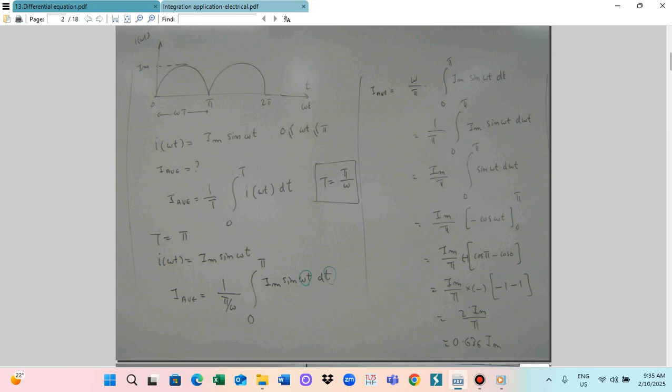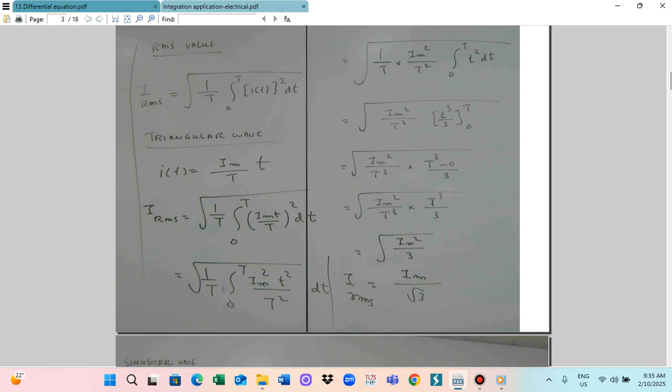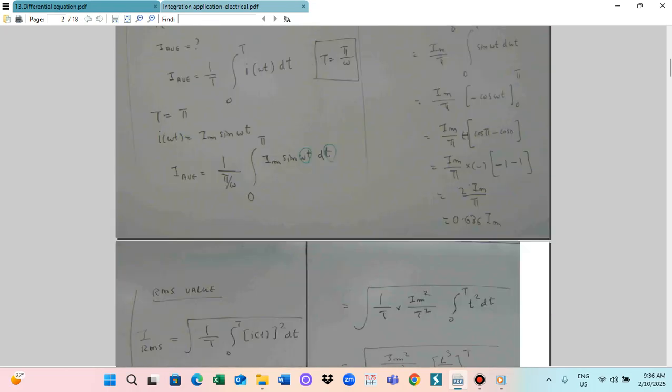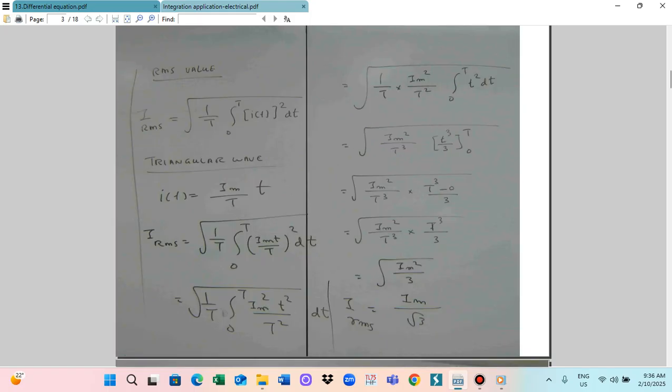That's for the sinusoidal wave. This whole period is composed of the frequency. So 0 to pi is equal to pi, omega t. So T is equal to pi by omega, and omega t goes from 0 to pi. Because there are so many frequencies, you get the calculated period, pi by omega.